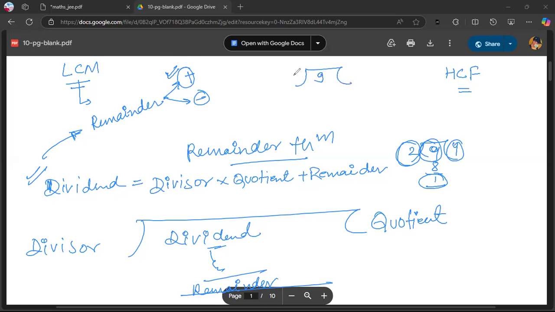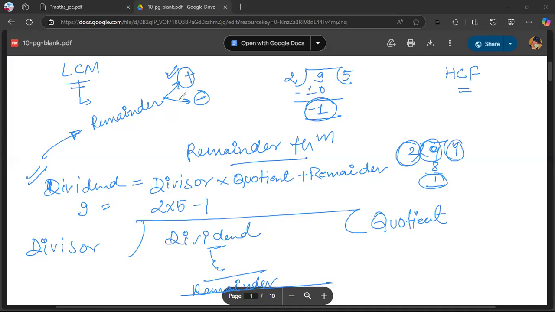Like 9: instead of multiplying the divisor by 4 and writing 8 here, you can multiply it by 5 and write 10 here. When we subtract, the remainder comes out negative, minus 1. Then this condition still satisfies: 9 equals divisor into quotient minus 1. So it is still satisfying, right?